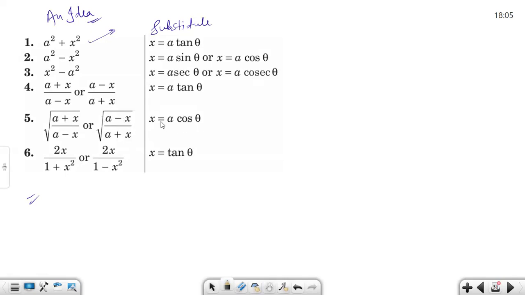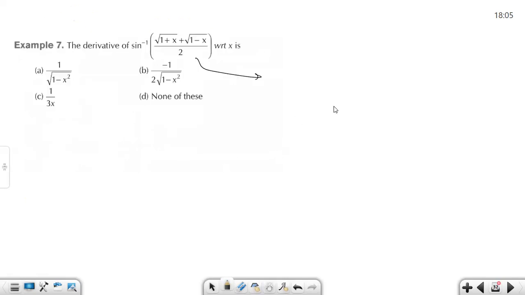So let's put x equals cos theta in this situation, because we also know earlier that 1 plus cos theta is 2 cos square theta by 2. It is derived from the double angle formula of cos 2 theta, which says cos 2 theta is equal to 2 cos square theta minus 1.